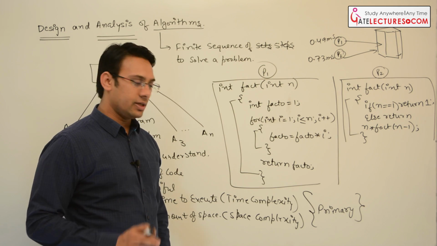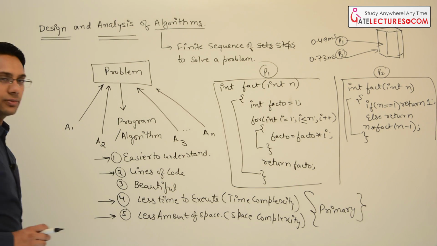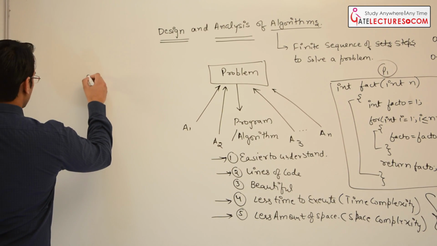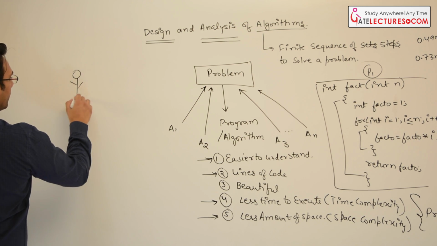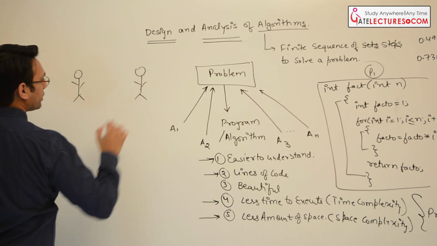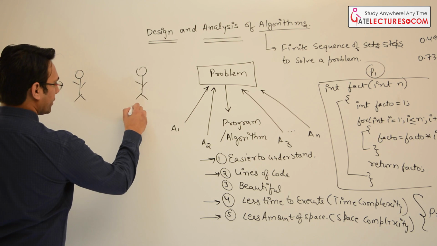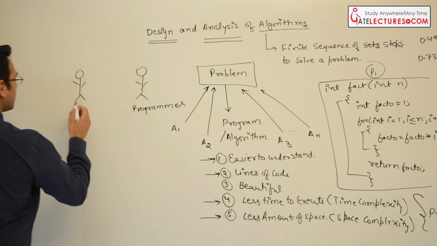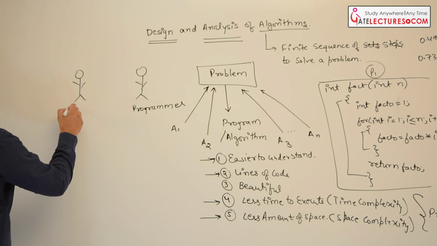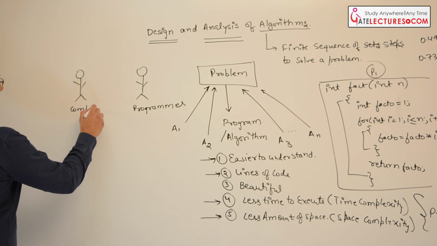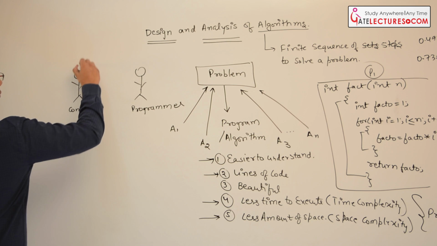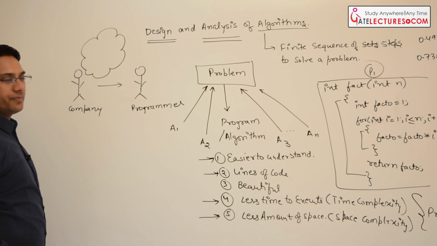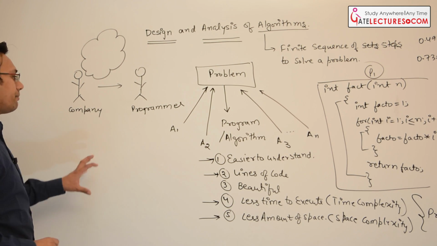Now, what is the issue? Let us say we have a client. This is a client, and this is you. You are a developer or a programmer, and he is having a company or a shop or something. Now he says, I want you to develop a program for me for my business, which is going to give me information about 10 products or 10 items.